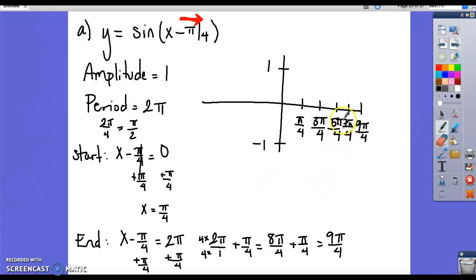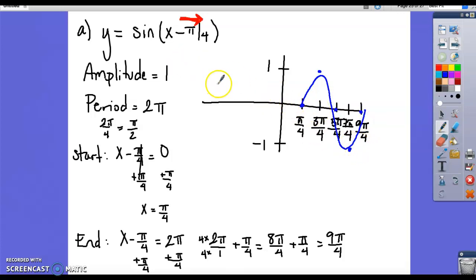So there is the first period, the first cycle of my graph. With sine, I start at the midline, I go up to the max, back to the midline, down to the min, back to the midline. So there's one full cycle of that graph.